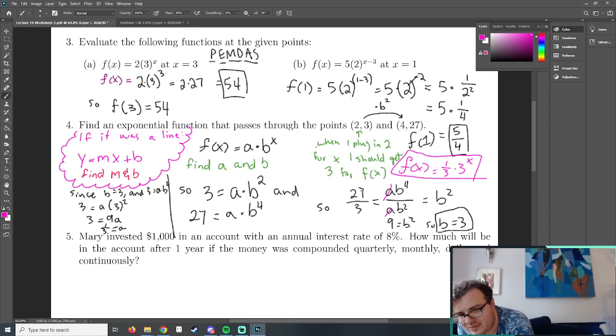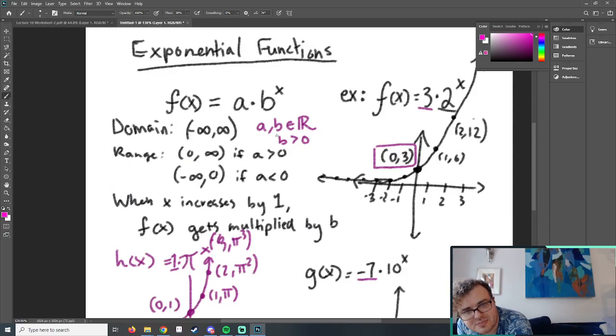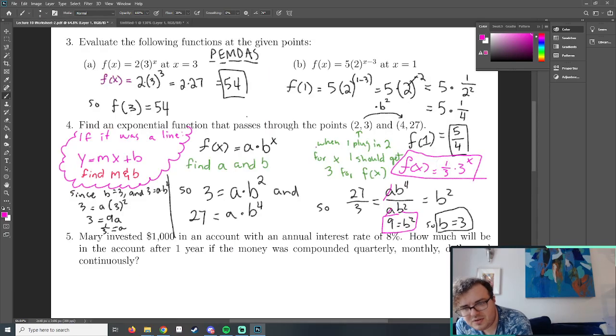So that means 27 over 3, which is 9, must equal b squared. Square root both sides, and remember that b is always going to be a positive number. That was part of our definition over here. B is positive.